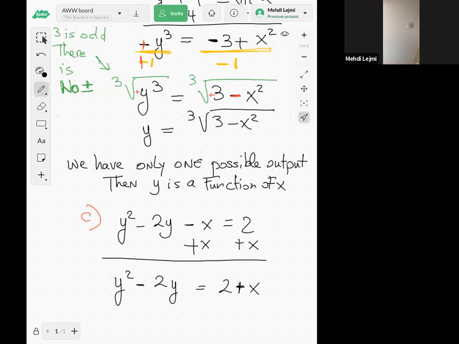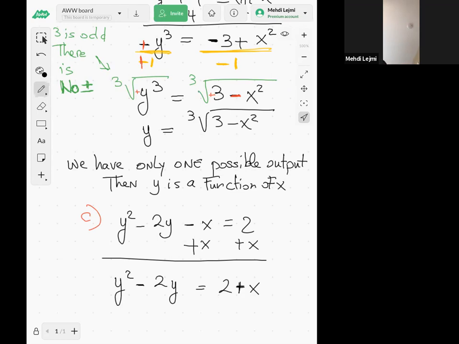Actually, there are different ways to answer this question. If you want to solve for y, you can also complete the square. You can add +1 to both sides. I see there's a question. Glenn, can you factor?